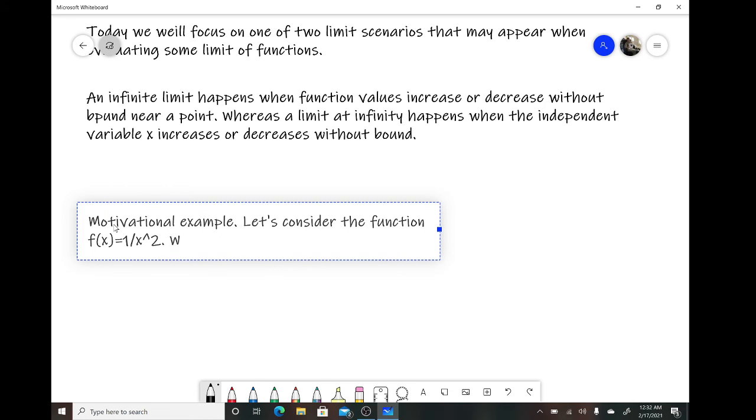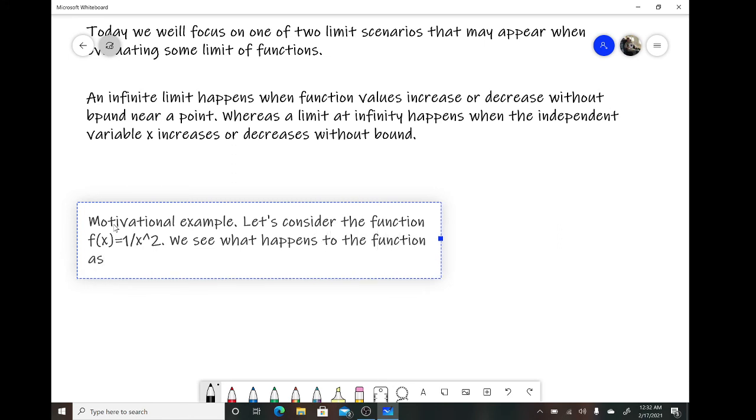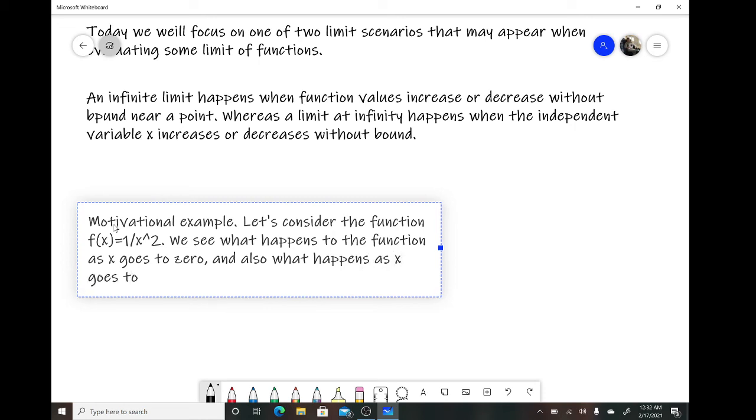We will see what happens to the function as x goes to 0, and also what happens as x goes to plus or minus infinity.